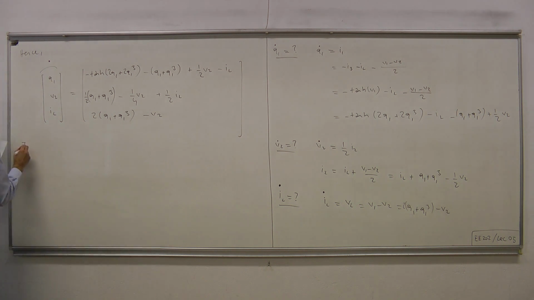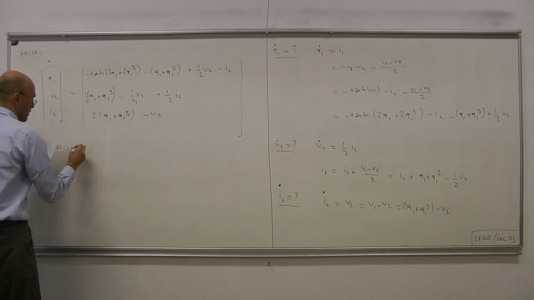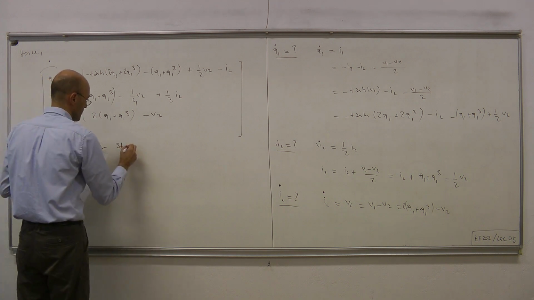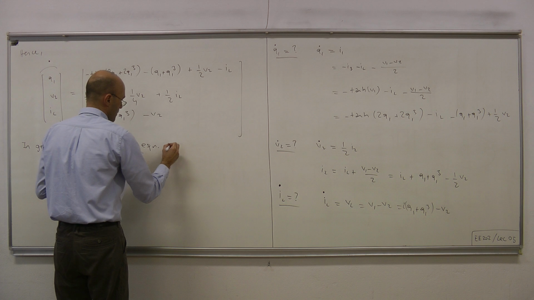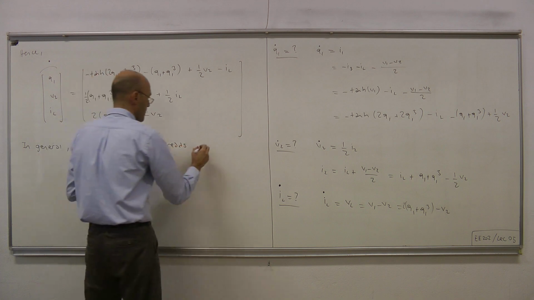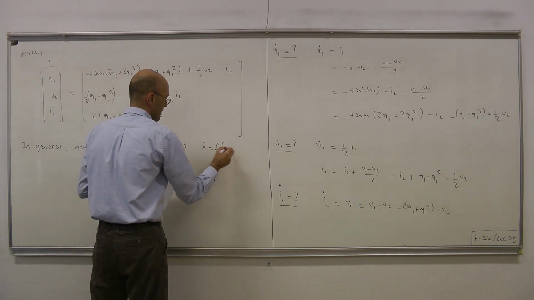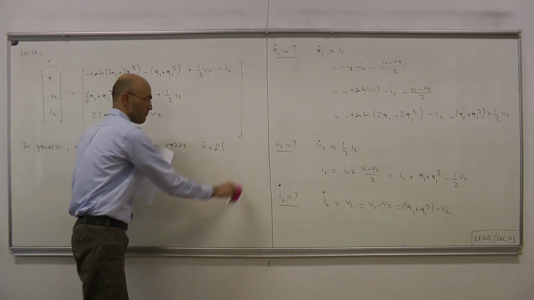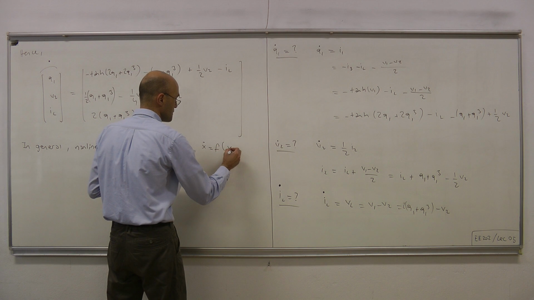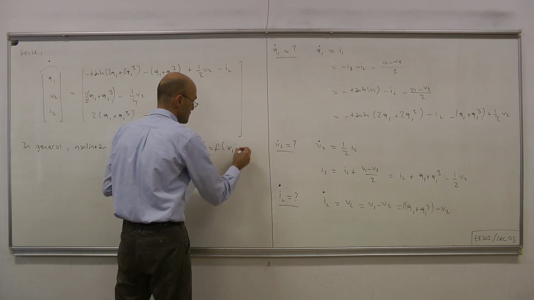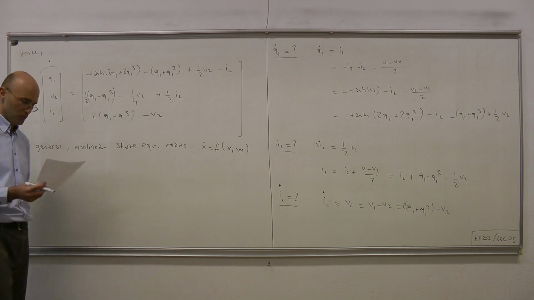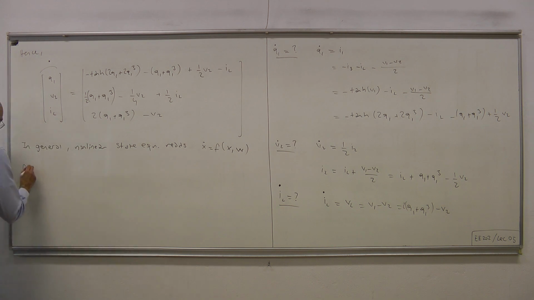So in general, a nonlinear state equation reads X dot equals f of X and W. X is our state vector and W is our input vector. In our case, we didn't have any W because we didn't have any inputs. So let's also write that down.